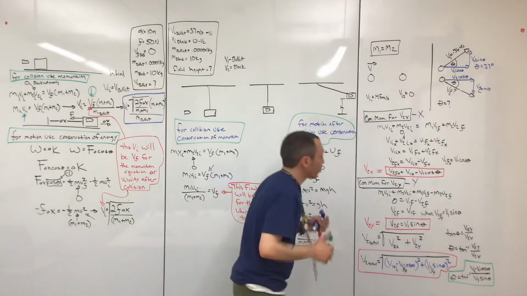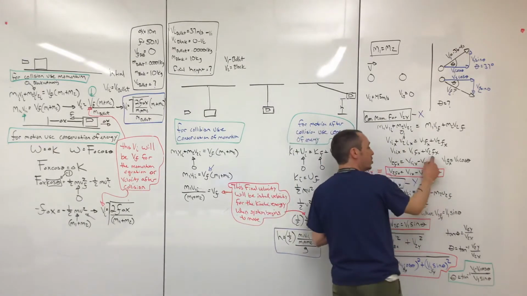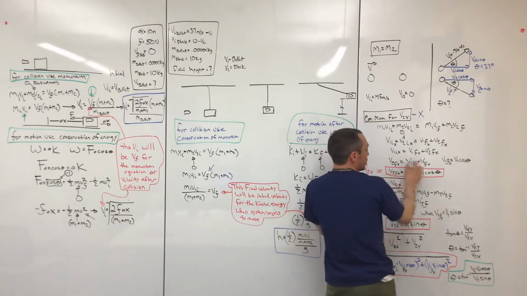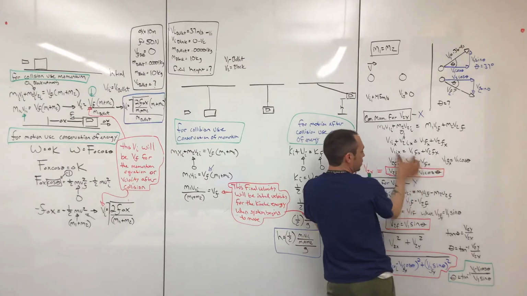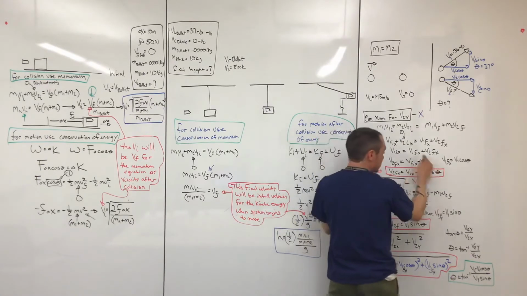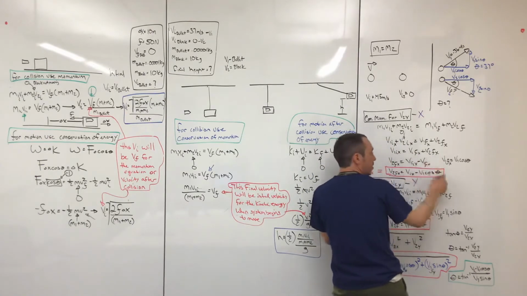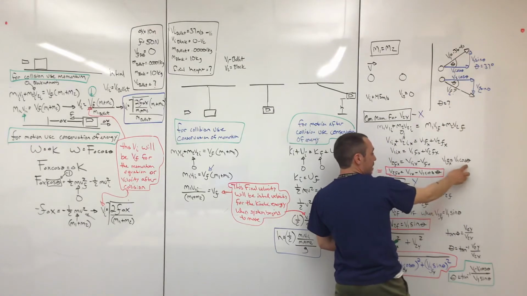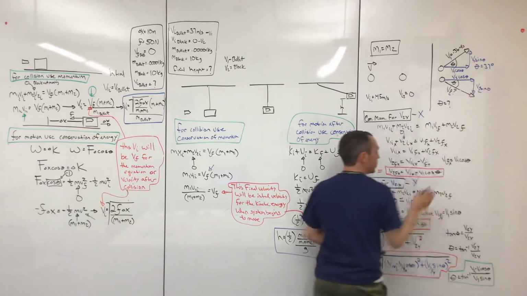Now, remember, we're trying to find V2, but we only have V1 values, right? So I solve this equation for V2, bringing all my V1 values on this side. I know all these numbers, right? I know V1, it's 0.36. I know theta, which is 37 degrees.